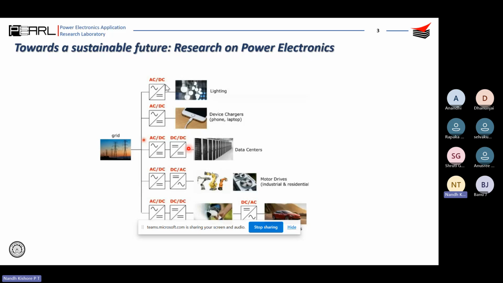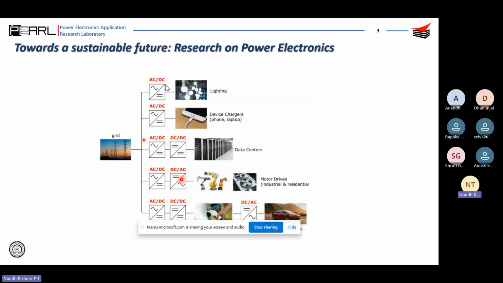So again, you see that there is an AC to DC conversion requirement and a subsequent DC-DC conversion requirement as well, right? Again, if you go for industrial or residential motor drives, where you need high horsepower induction motors, you again need to convert this 50 hertz AC into a DC, right? And then again, you have an inverter stage which may be running in scalar control or vector control.